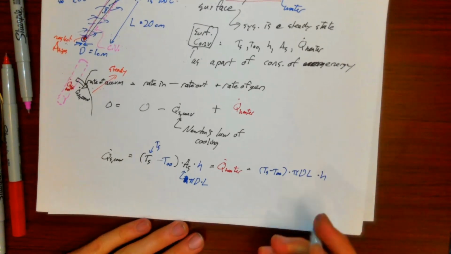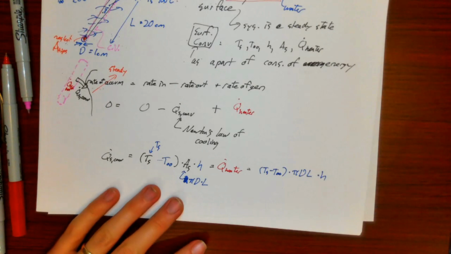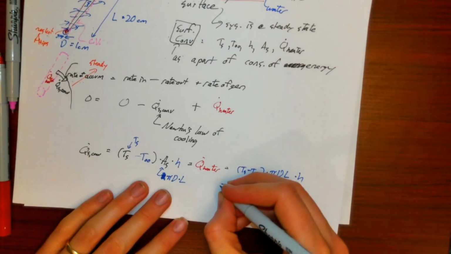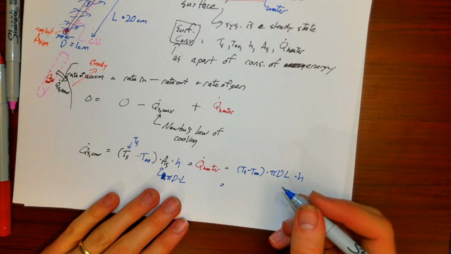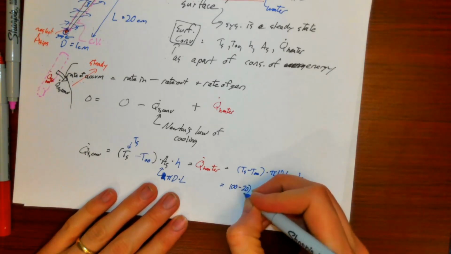So I can plug in all of these known constants. What might that look like? It might look like 100 minus 20.